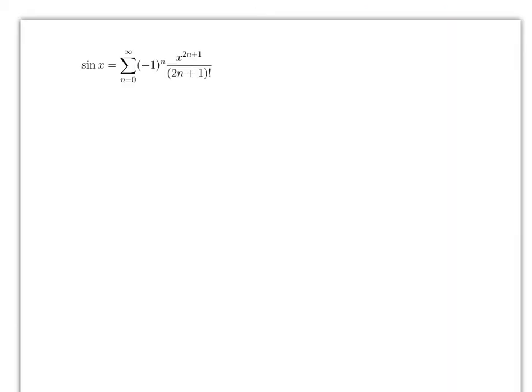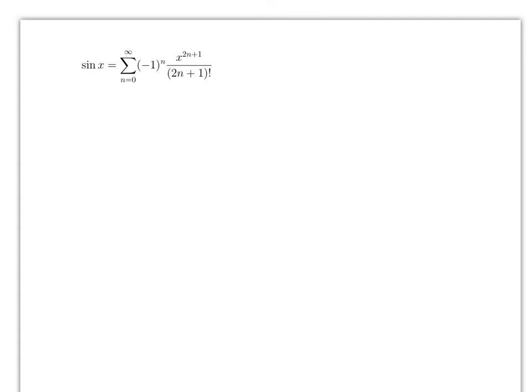Okay, so now let's look at the power series representation of sine of x. In the next section, I will tell you how they come up with these formulas. For now, just take it as a given that the sine of x is equal to this. And I highly recommend you memorize these formulas.